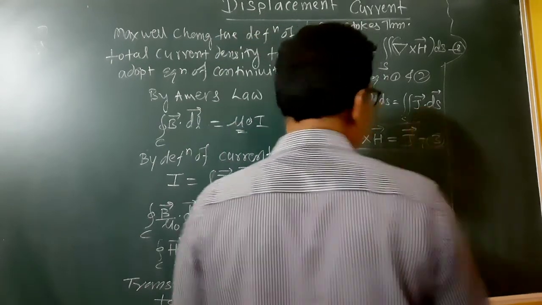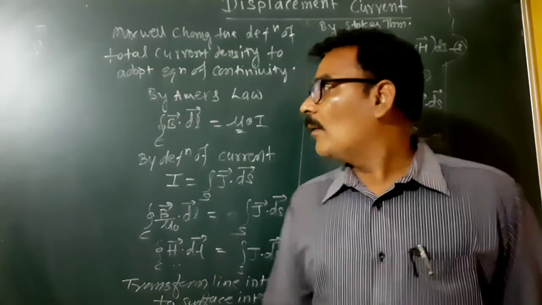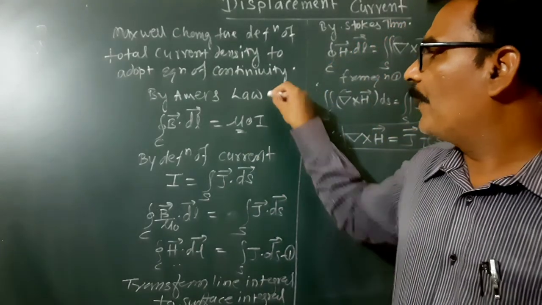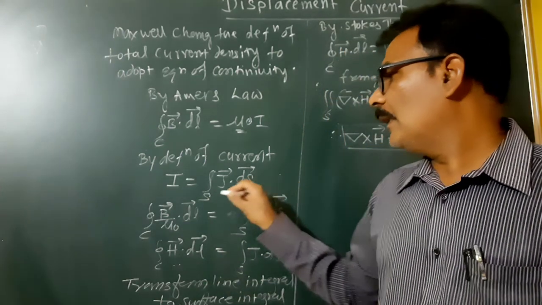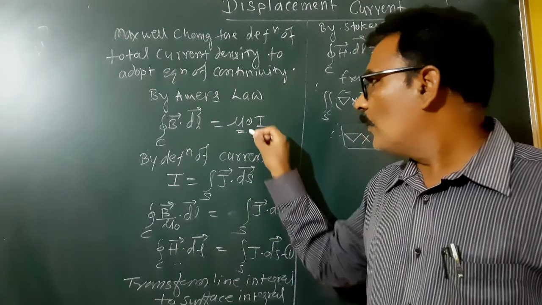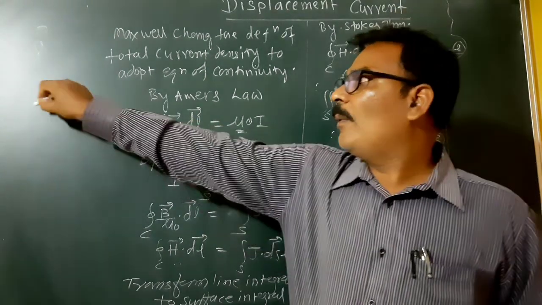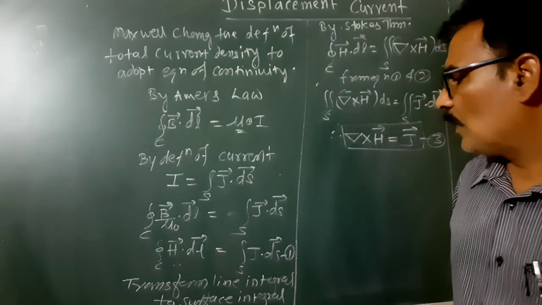This is the consideration, first of all, of Ampere's circuit law. Then by the definition of total current, I is equal to the surface integration of J bar dot ds bar. Dividing by mu 0, B by mu 0 is nothing but H bar, so the line integration of H dot dl is equal to the surface integration.